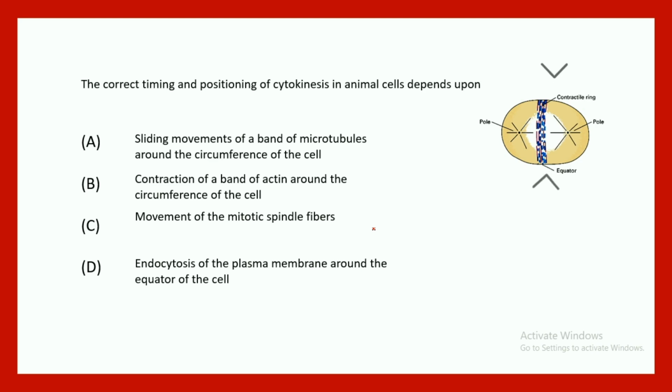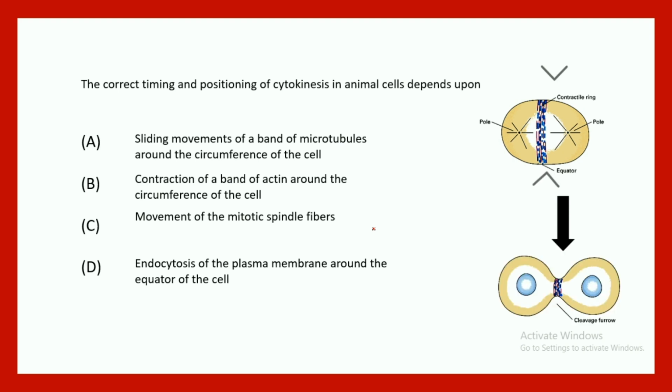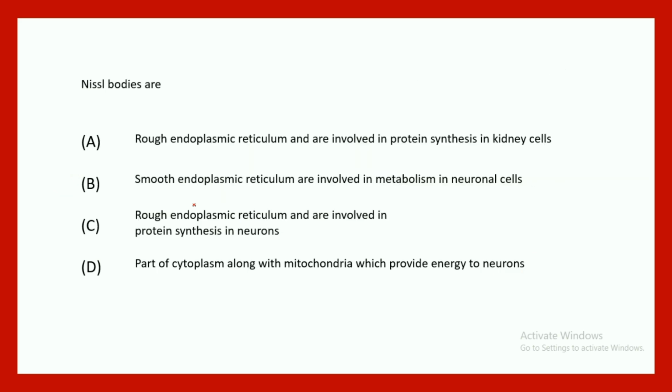From both sides of the cell there would be a contractile ring which consists of actin and myosin. It just contracts like a muscle and shortens or pinches the membrane space between them, and that is how the 2 cells are separated in the cytokinesis process. So it is very important to understand that the contraction of the actomyosin contractile ring is important for cytokinesis.